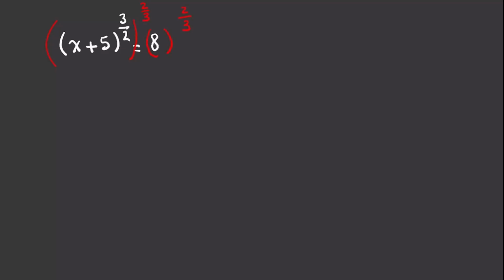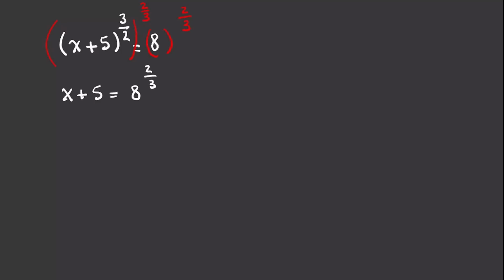By doing that, 3/2 times 2/3 gives you 1. So now you have x plus 5 on the left-hand side, and 8 to the 2/3 on the right. Before I move on, I need to obtain a value for 8 to the 2/3.